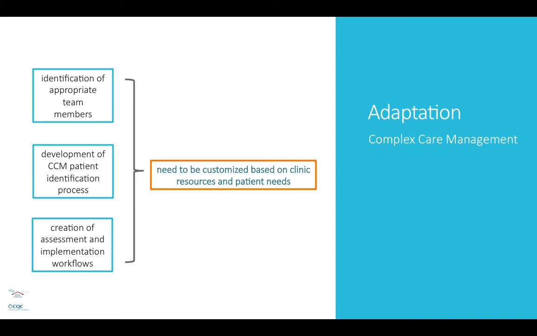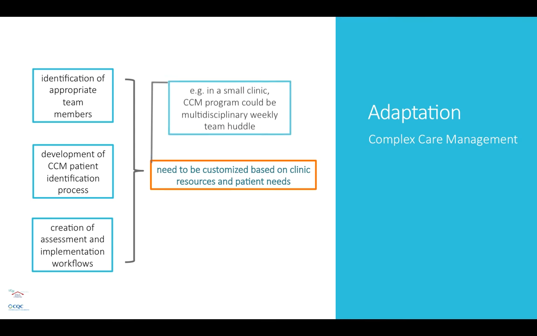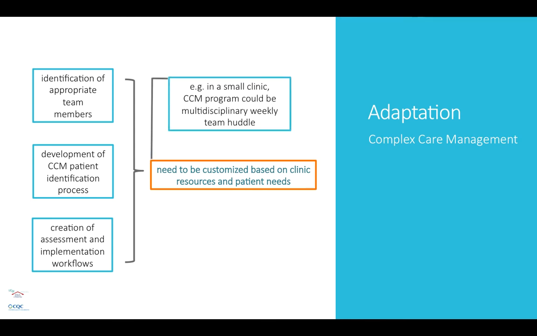For example, a small clinic that is unable to hire an RN for complex care management may structure their complex care management program as a multidisciplinary weekly hour-long complex care huddle, where clinicians and clinic staff, such as front desk and medical assistants or patient navigators, meet to discuss high-needs patients identified by the clinicians and identify action steps for each team member.